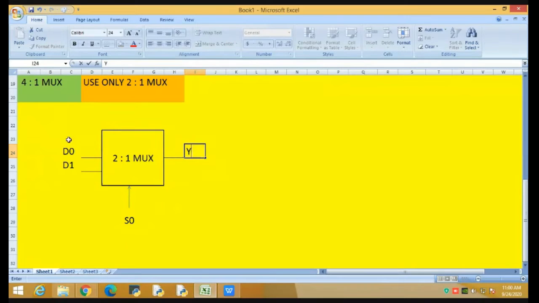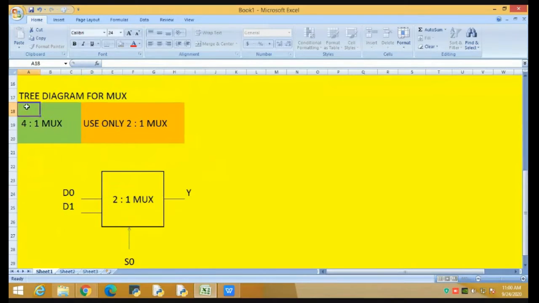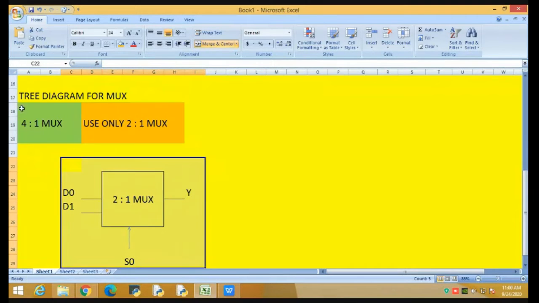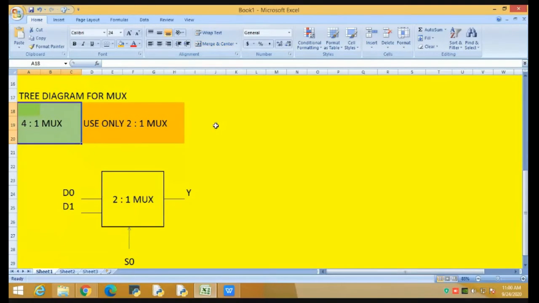So what is my task? My task is to design the 4 to 1 mux, but in my hand what I have is 2 to 1.